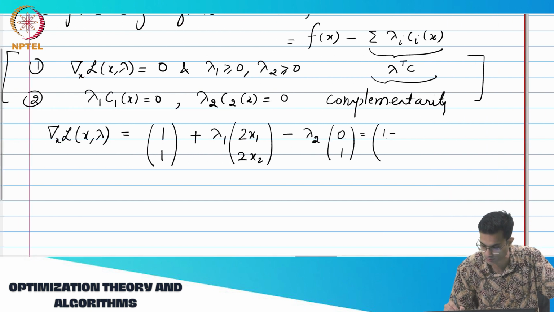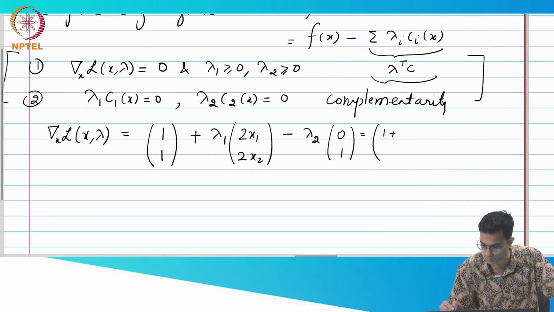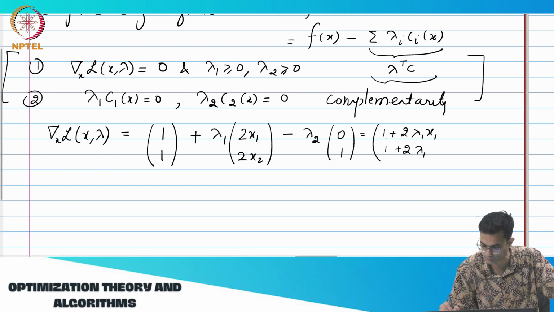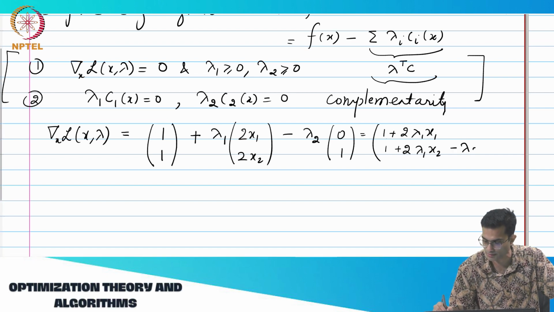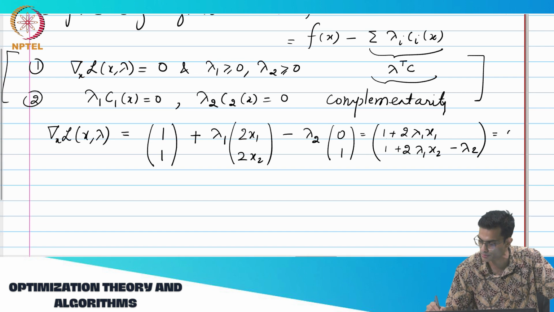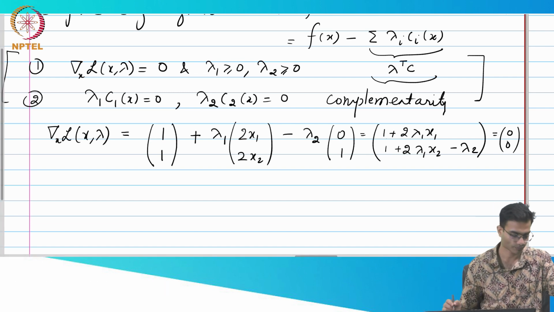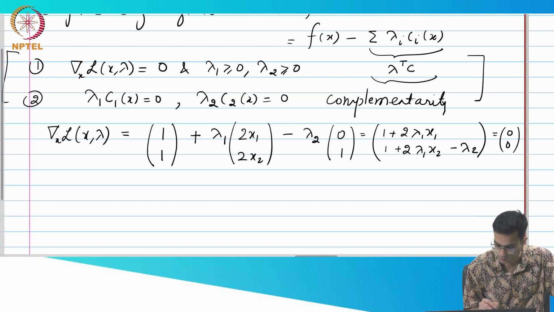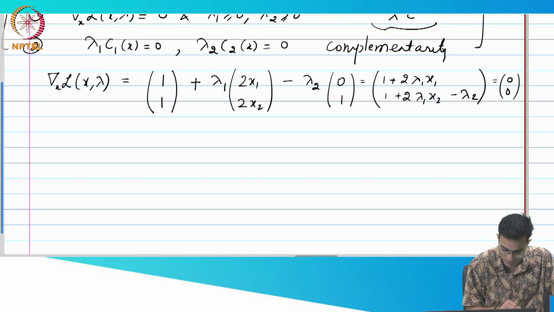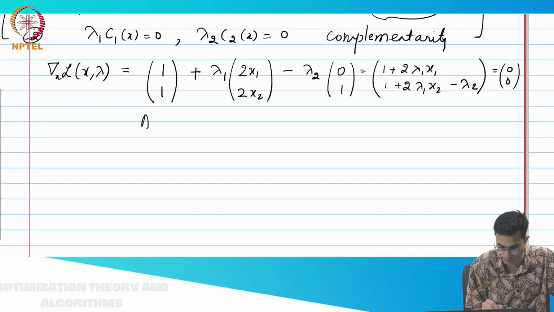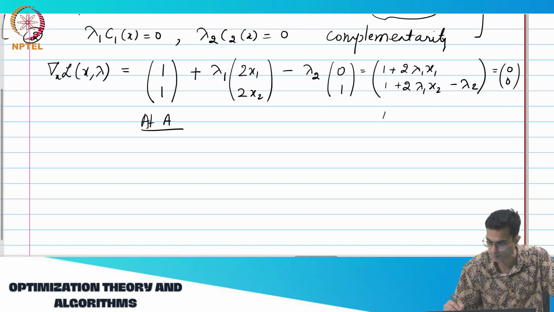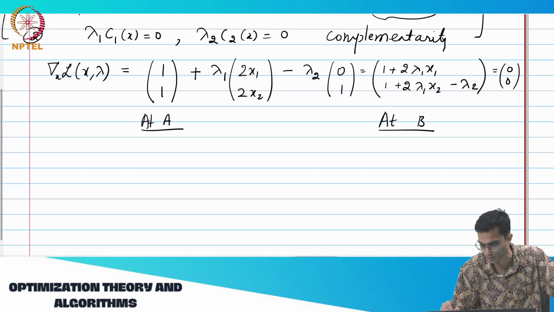I'm going to get 1 plus 2 lambda 1 x1 and 0, and then I have 1 plus 2 lambda 1 x2 minus lambda 2. This should be equal to 0, 0. Okay. So now let's do this analysis for point A and point B.